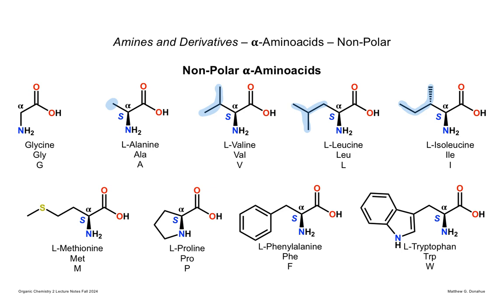So methionine has a sulfur heteroatom, but notice that it's not a thiol, it's a thioether. So overall, it's more nonpolar than polar. So methionine, Met or M, we can see the sulfur heteroatom in that chain.